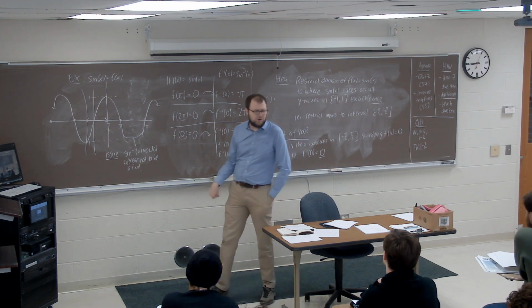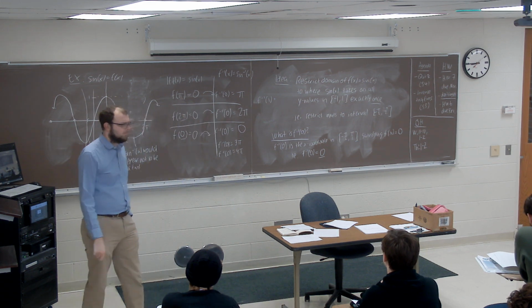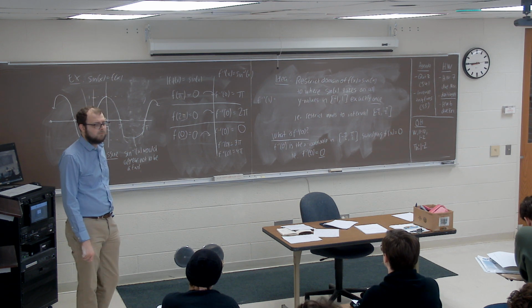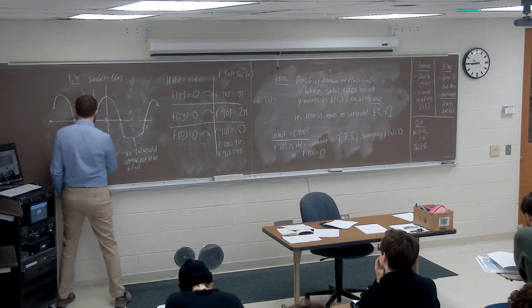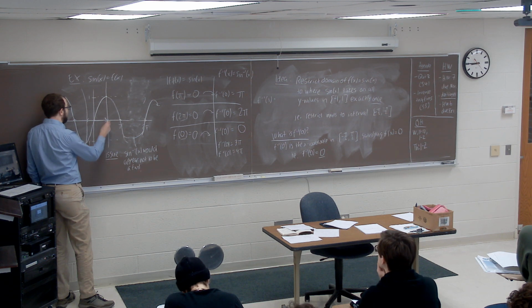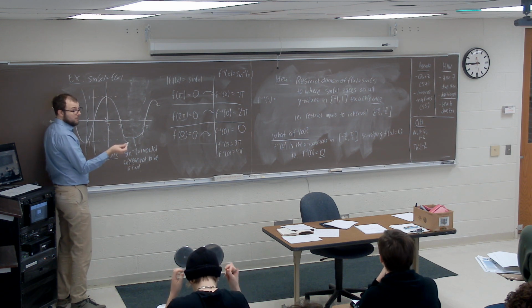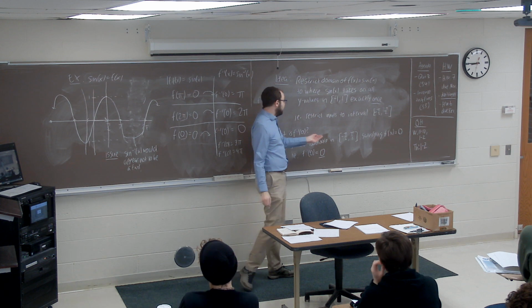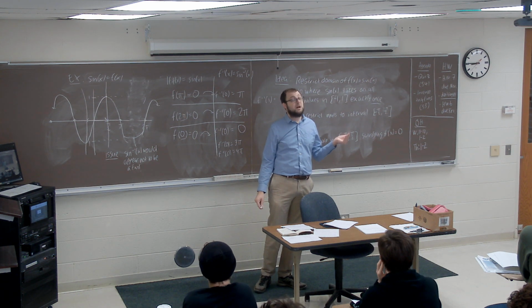How about f inverse of 1? Bethany? What x value between negative pi over 2 and pi over 2 is going to give us a y value of 1? Pi over 2 would. It's a point that's in the interval from negative pi over 2 to pi over 2, and it would satisfy that f of x equals 1 there.